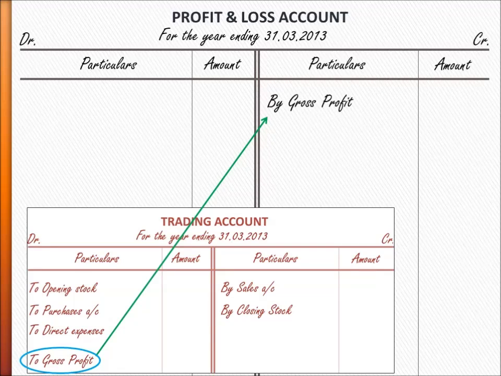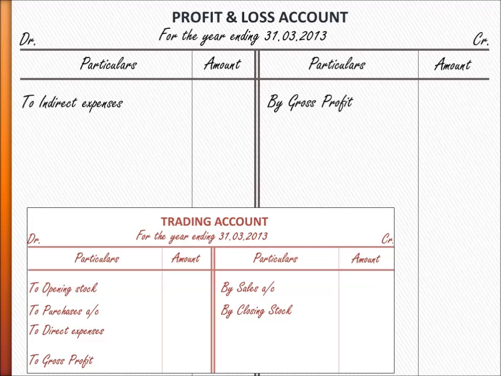It means the profit and loss account cannot be prepared without making the trading account, because the trading account gives us gross profit, and gross profit is transferred to the profit and loss account. On the debit side you will write "to indirect expenses," and on the credit side "by incomes."